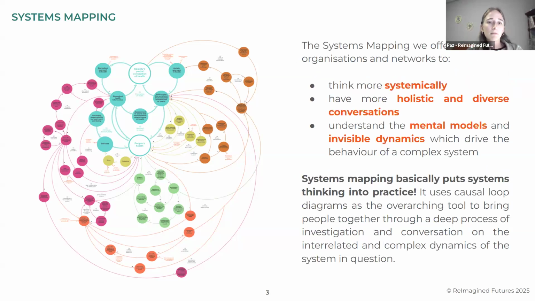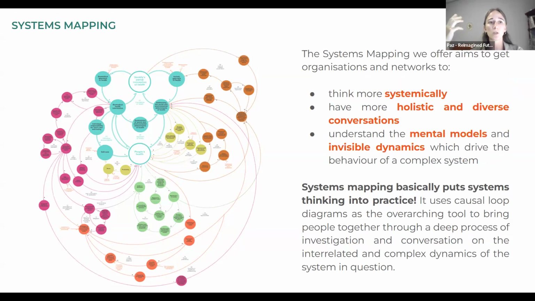The systems mapping that Reimagine Futures offers is a service designed to help organizations and networks, depending on the client, to think more systemically and to foster inclusive conversations with different stakeholders, and especially to discover and identify those invisible dynamics behind the behavior of the systems.